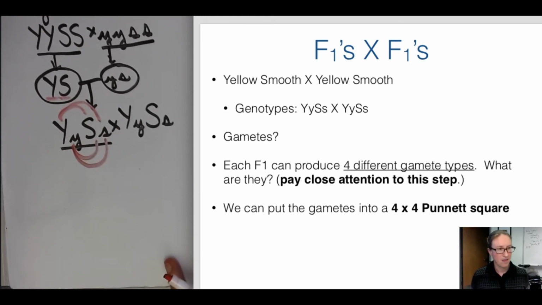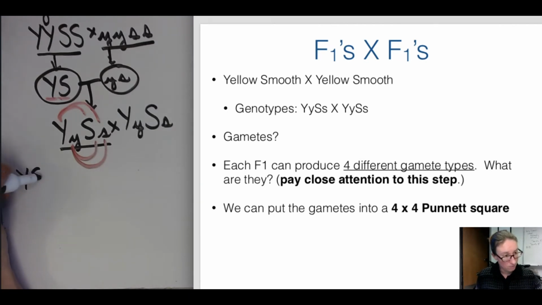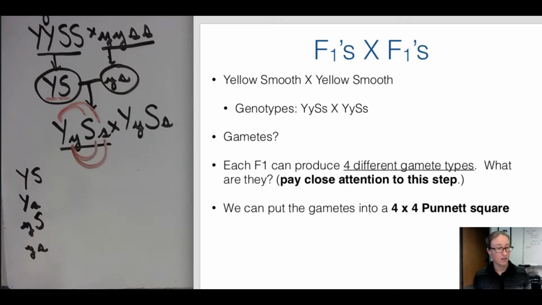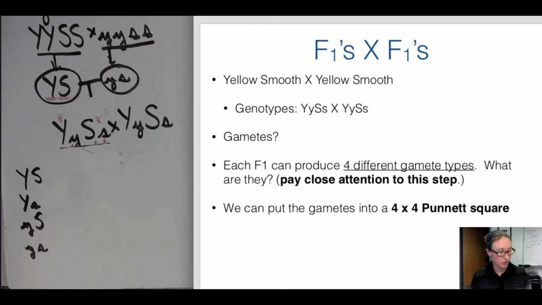Okay? So now, if we want to look at possible combinations, so let's just write these out. So we've got big Y, big S, big Y, little s, little y, big S, little y, little s. Right? So that's one parent. Same thing for the other parent, right? So it's the same genotype.